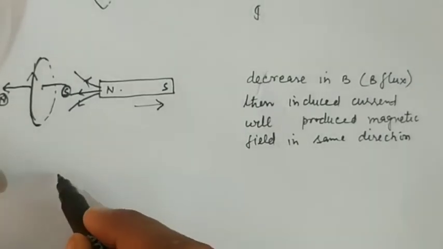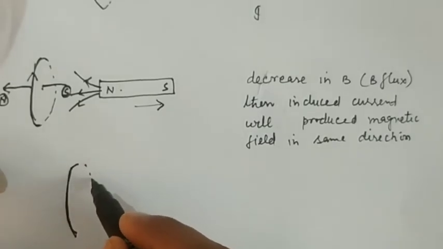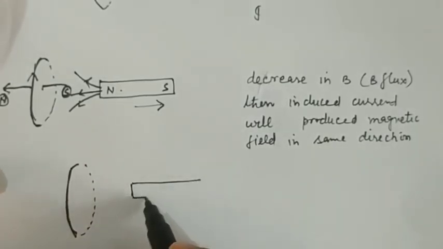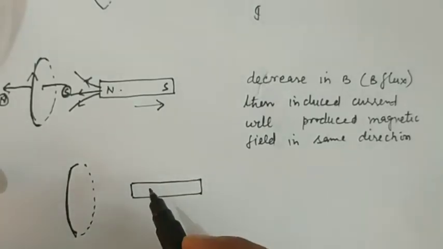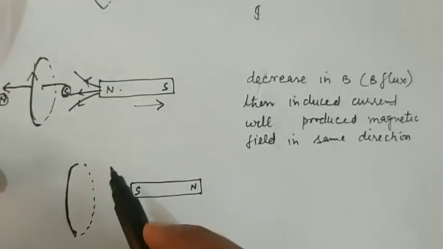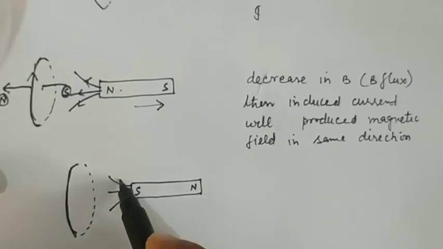Similarly, let me take another example. Suppose this is your loop and this is our bar magnet, which is placed along the axis of this loop. Here it is the south pole and this is your north pole, and the magnetic field lines for this case are towards the south pole.